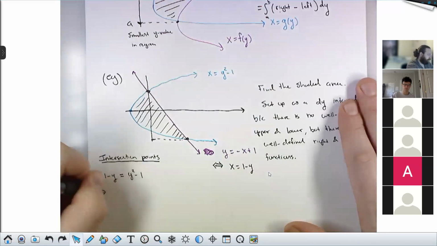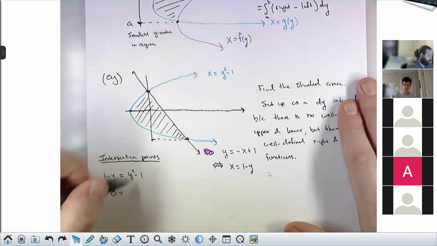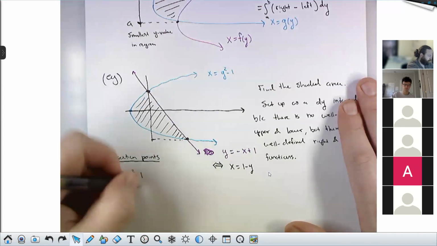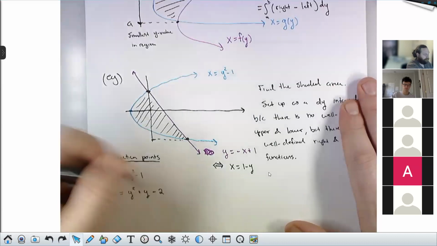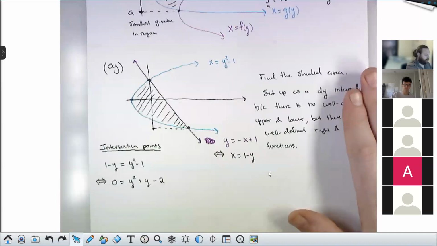Now just some baby algebra. Make the left-hand side 0 by adding y to both sides and subtracting 1 from both sides. That gives me y squared plus y minus 2. Now I need to factor this quadratic, which means I need two numbers whose product is -2 and whose sum is +1.